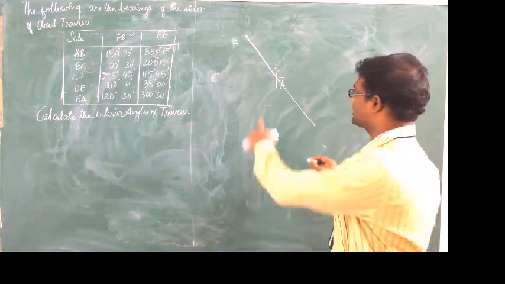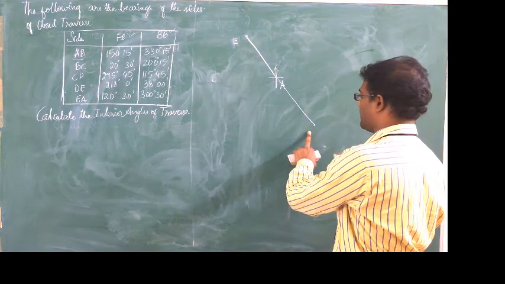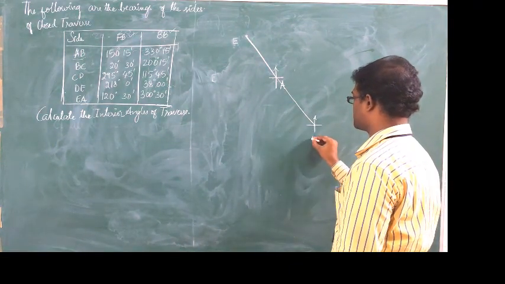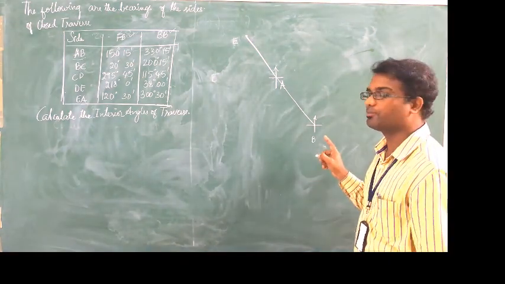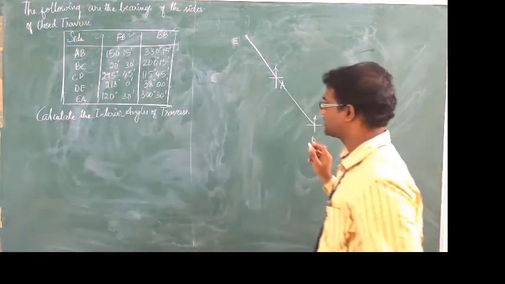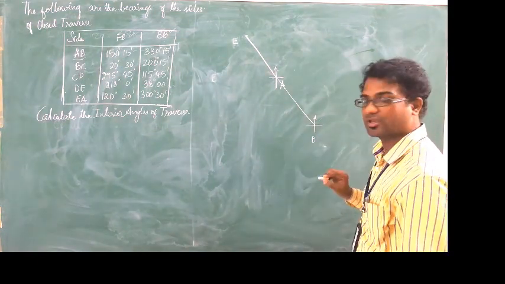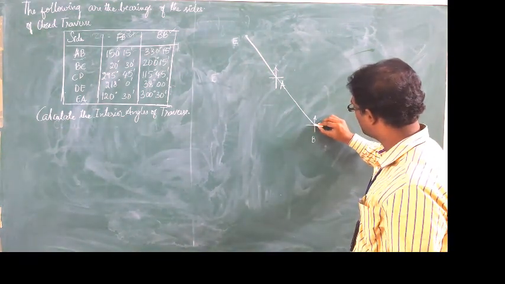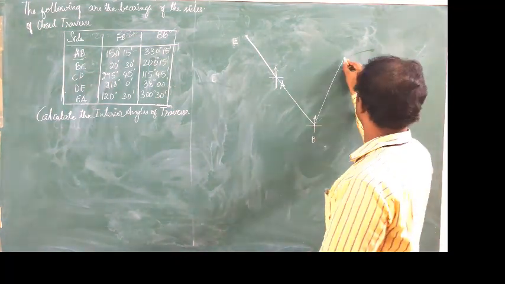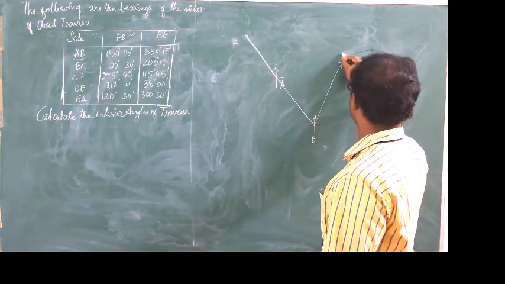Now let us shift this station from A to B. Now this is my station B. From B to C, forebearing is 20 degrees 30 minutes. If this is approximately 40, 45, then this is maybe 20 degrees. So let me put a symbol here.